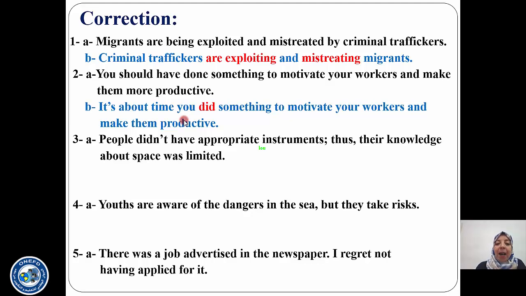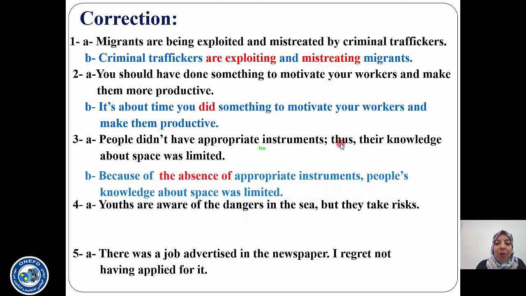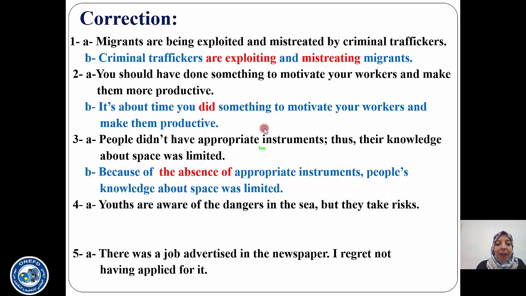Third, people didn't have appropriate instruments. Thus, their knowledge about space was limited. Thus expresses consequence or result. The sentence should start with because of. It means that you have to invert your sentence to get a correct sentence.